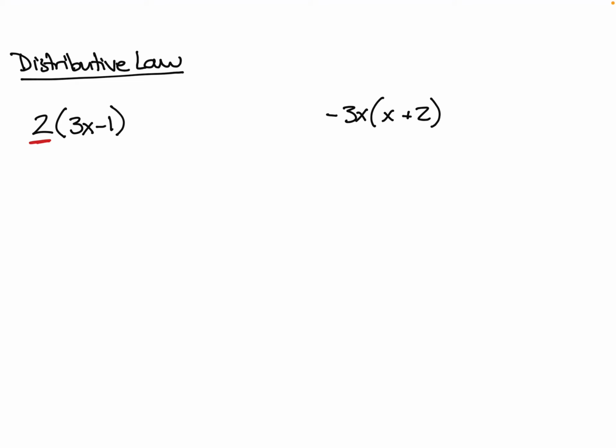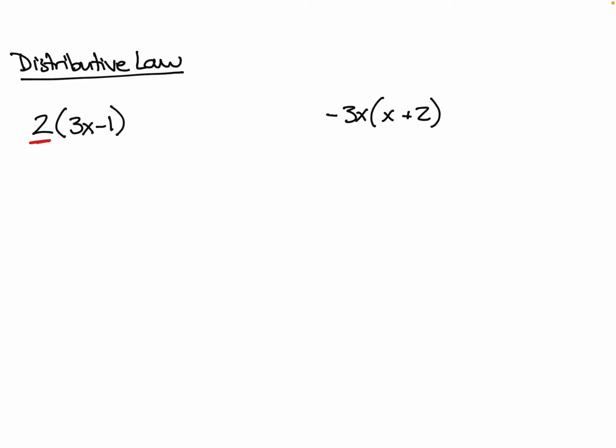So you've got a number or some kind of term. It could be numbers and letters. It could be just letters. And that is multiplying into a set of brackets. In order to do this properly, you distribute, that's where the distributive law comes from. You distribute the multiplication of that term outside the brackets onto each of the terms inside the brackets.